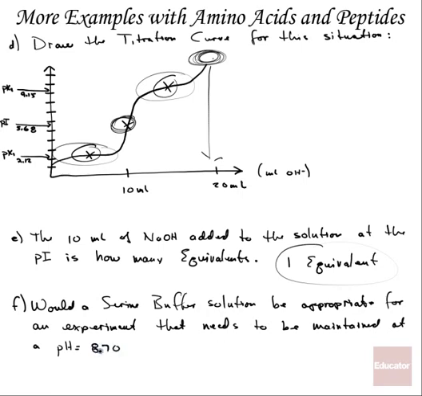So if I'm running an experiment and I need to maintain the pH at about 8.7, would it be appropriate for me to use a serine buffer solution?